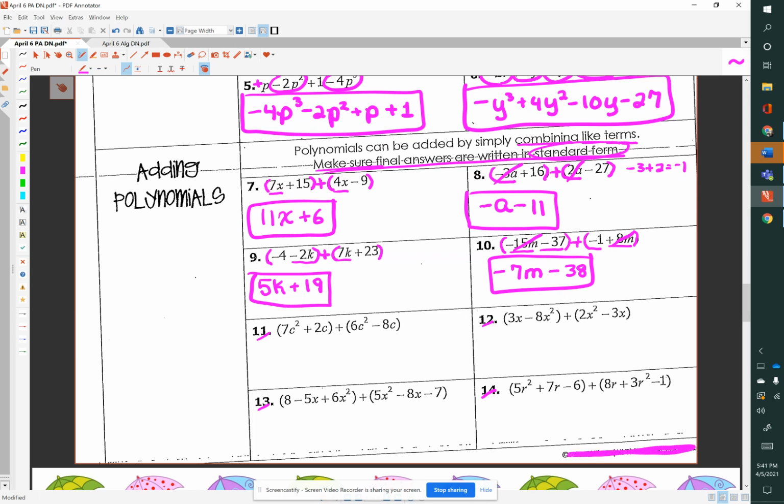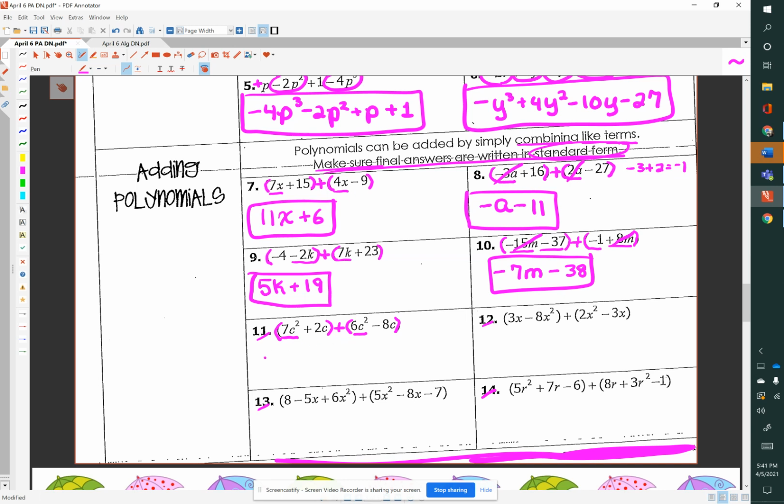Okay, so I hope that you worked hard on your own, and let's try to get these done. We have the quantity of 7c squared plus 2c. To that, we will add the quantity of 6c squared minus 8c. Well, they both have c, but the first terms have c squared, so we'll start there so that our answer is in standard form.